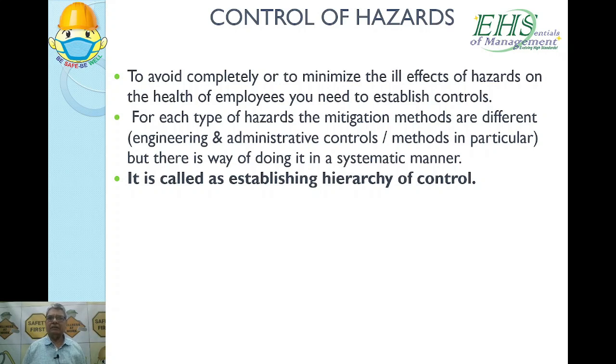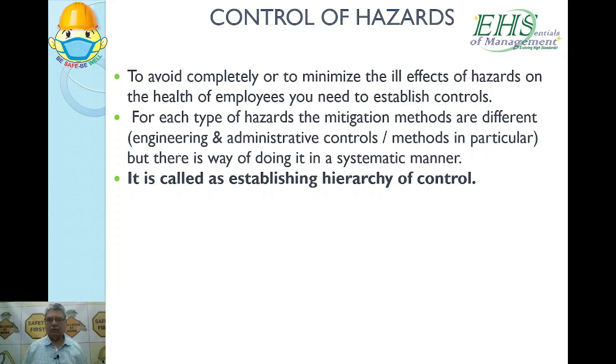And there are various ways of controlling the hazards. The first choice is to avoid completely or minimize the ill effects of hazards on the health of employees. You need to establish controls.